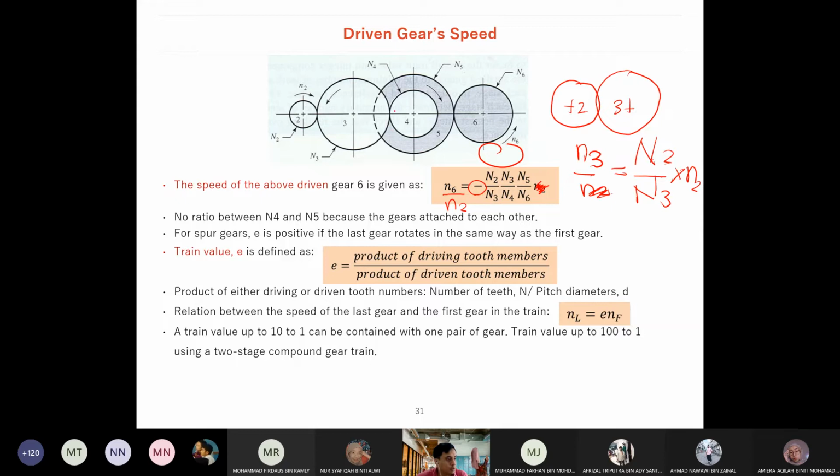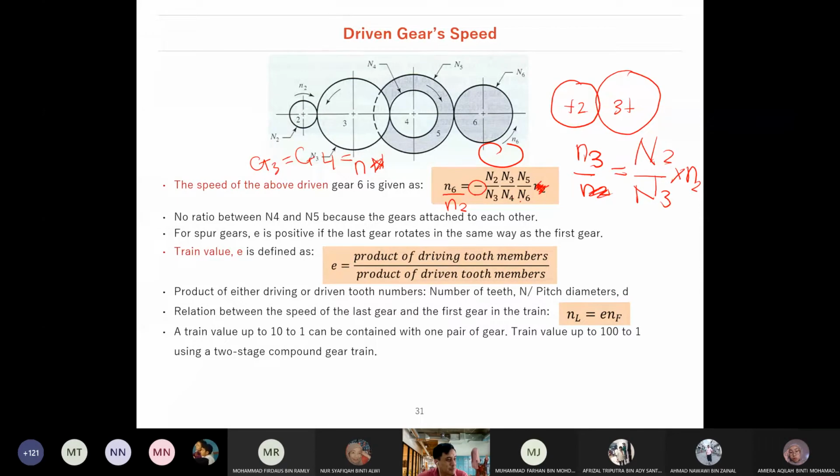In this case, one thing you have to highlight is N4 and N5. Say gear 3 and gear 4 actually have the same speed, right? They are on the same shaft. That's why it disappears here. N4 is not here; it jumps straight to N5.